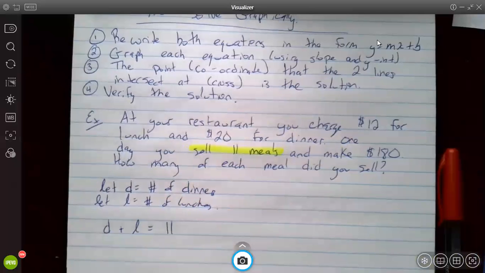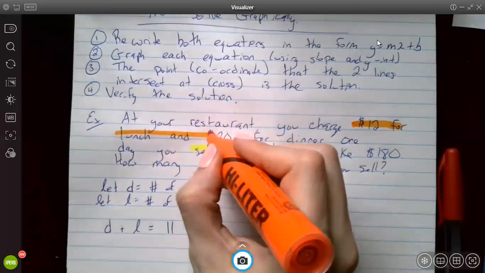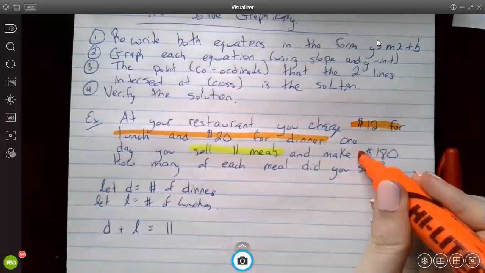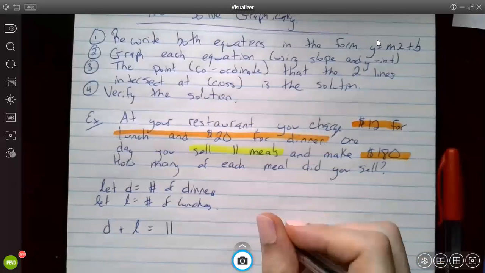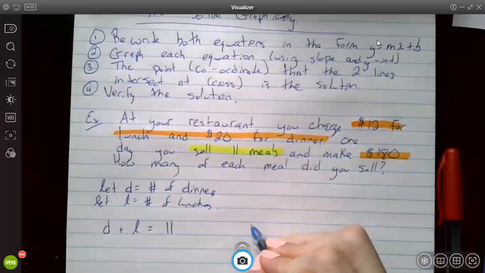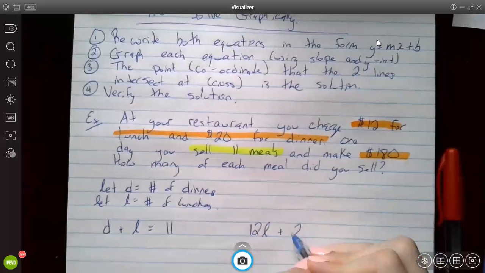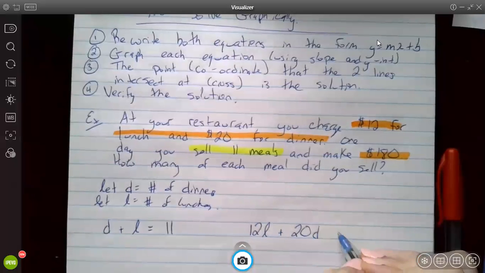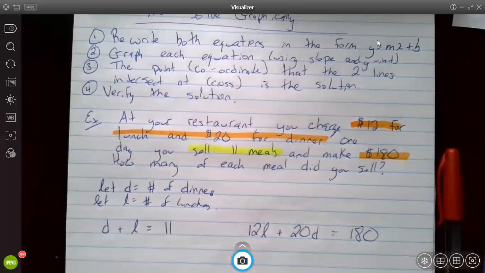And then the second equation is the one that has to do with all of the money, the $12 for lunch and $20 for dinner, and the total of $180 that I made. That tells me that I can write the equation 12 times the number of lunches plus 20 times the number of dinners is going to equal the total amount of money that I made.